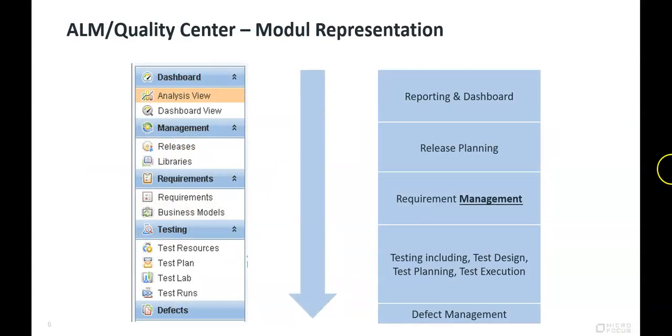So how it was done in ALM Quality Center. So basically ALM Quality Center was really top down. So you had the module layer, the dashboard module was more for the reporting purposes, just ignore it for now. But from then you have the management module, which was more for the release planning. You have to do the release dates in order to really track release information.